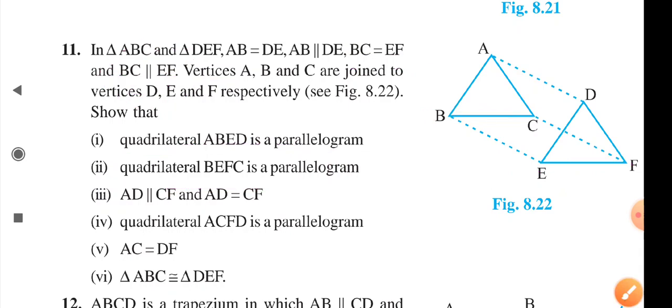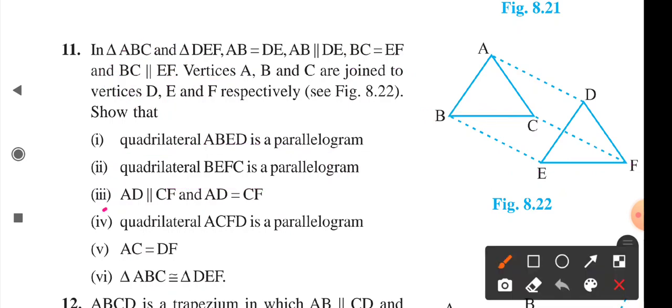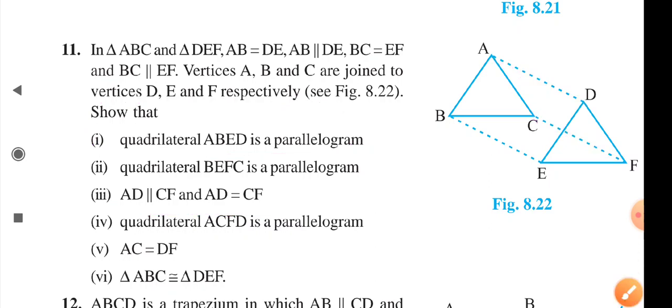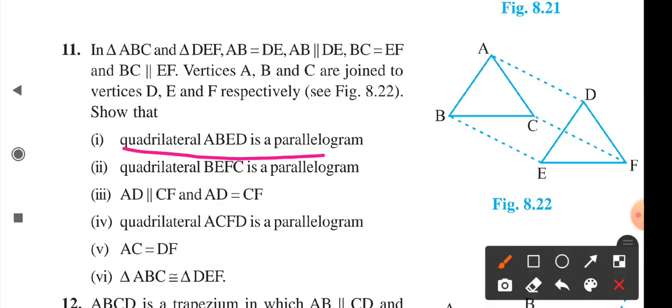Now moving to the next part, you can see that AD is parallel to CF. It's AD and it's CF. You have to show both sides are equal and both sides are parallel. In the first part, ABED is a parallelogram, so for the third part you can write that ABED is a parallelogram.